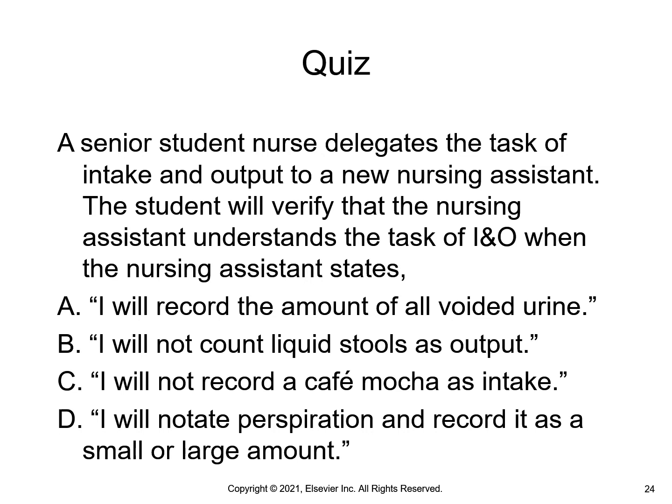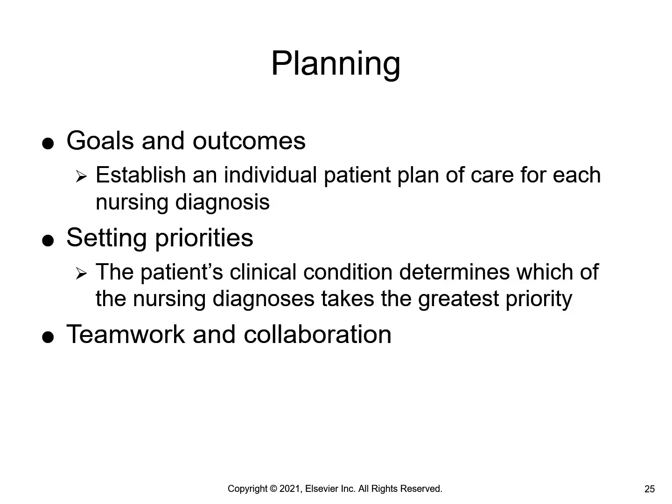I will not count liquid stools as output. I will not record a cafe mocha as an intake. I will notate perspiration and record it as a small or large amount." The answer is A. I will record the amount of all voided urine.